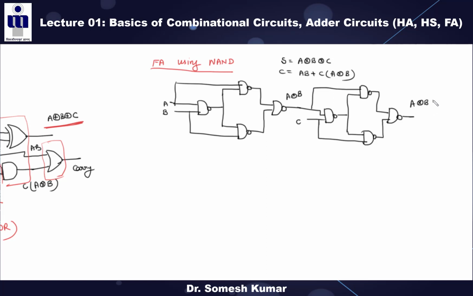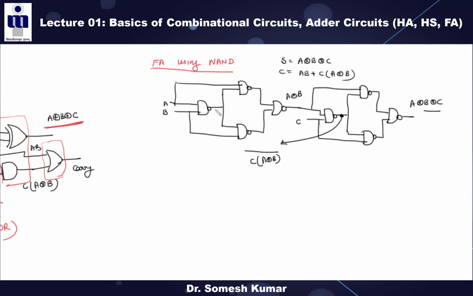A XOR B XOR C. You can check these intermediate stages. Now, what is the output at this node? Can you tell me? Yes, so we can write A XOR B into C whole bar.